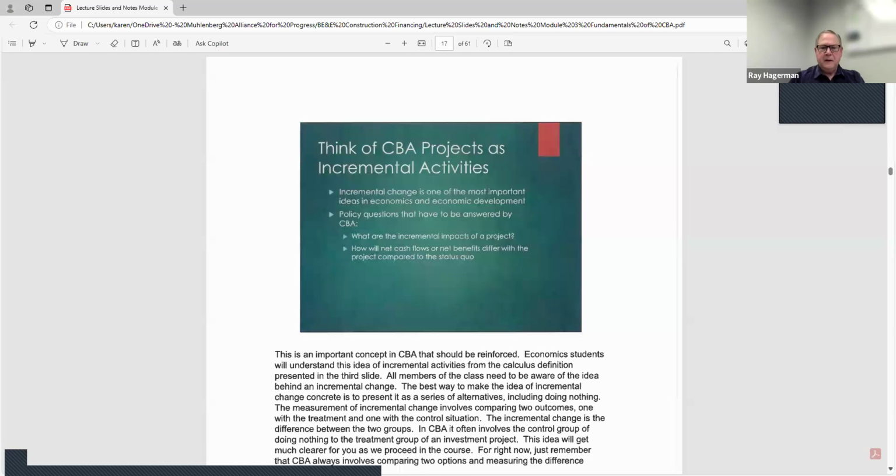So if we do nothing, it's going to be the same as it was before. But if we add the element of this CBA project incrementally, what are the outputs going to be? Incrementally, what are the job growth numbers going to look like? And incrementally, what are some of those costs going to be to our community?